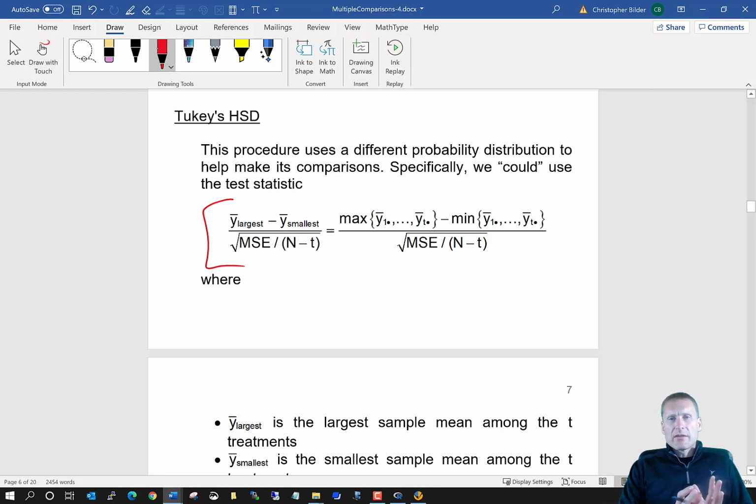Suppose you found the largest of your sample means corresponding to your treatments or your factor levels. And suppose also you found the smallest of the sample means corresponding to the factor levels as well. If we take that difference divided by the square root of MSE divided by n sub T, we get this statistic that we see here.